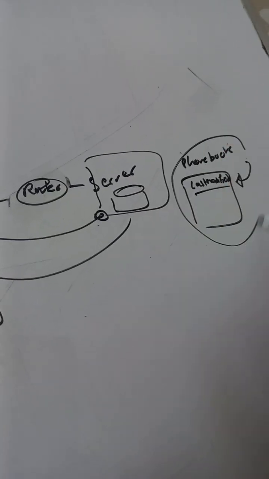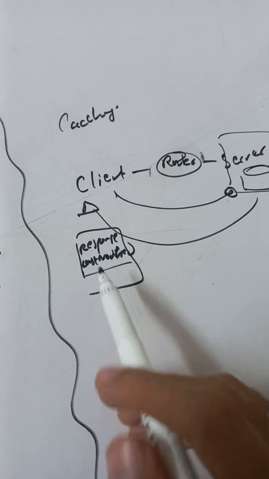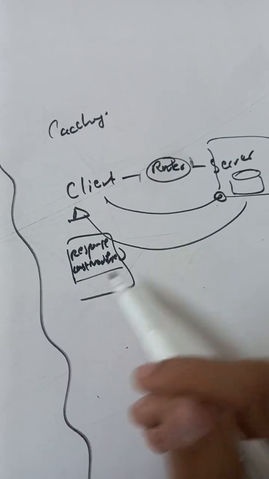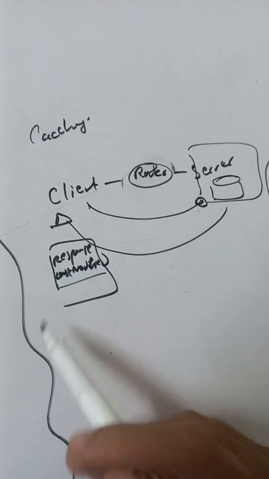Now this last modified and this last modified are different, because this last modified is basically telling when was this particular phone book updated in the database, and this last modified is basically telling you when was the last time or last modified message that you got from the server. So these are two different things.